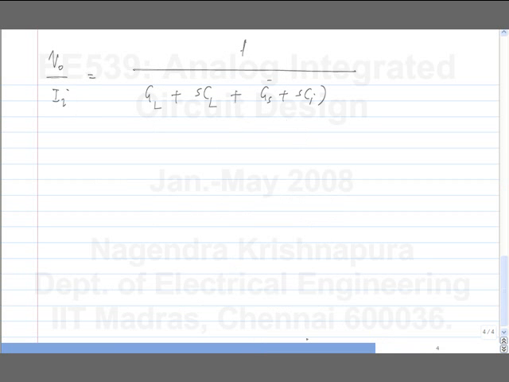If I neglect the value of GDS, I will get GL plus SCL here by GM, which is exactly what I had before.